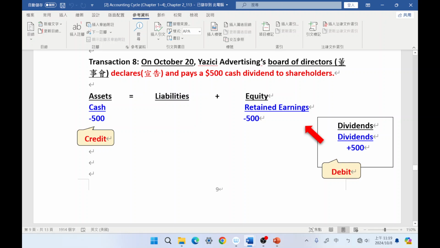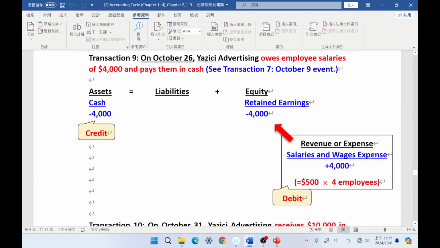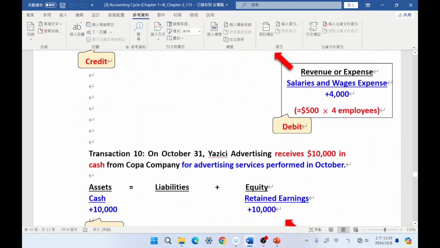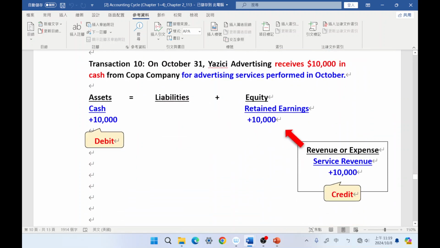Okay. Transaction 9 and 10. Transaction 9, one debit, one credit. Debit equal to credit. Did you find out? Okay. Last one. One debit, one credit. Debit equal to credit. Okay? Any questions? So this helps you to double check.